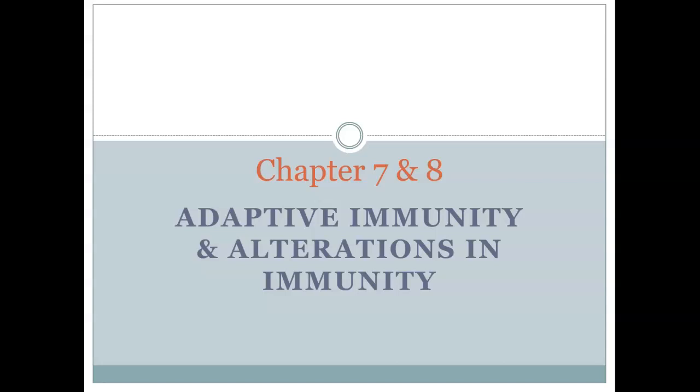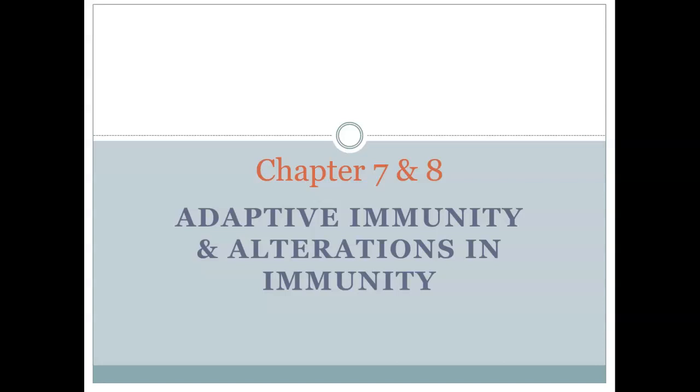This is your audio PowerPoint for chapters 7 and 8, which both deal with the immune system, adaptive immunity and alterations in immunity. I'm also adding some information in this PowerPoint that may not be in chapters 7 and 8.